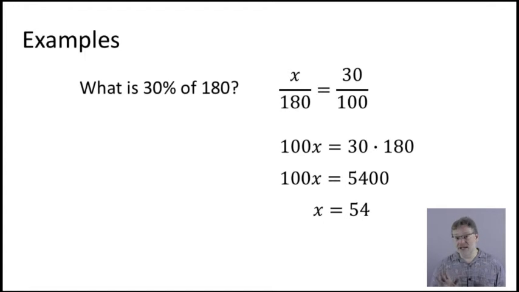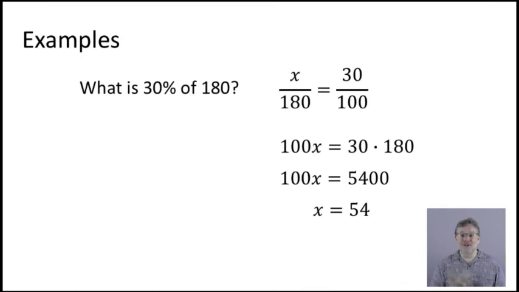On the left-hand side, we have to figure out whether 180 is the amount or the base. We're talking about 30% of 180, so 180 is our base, which means that our unknown is on top. Unknown is x. So we're going to cross multiply in one direction, just like we did when we were working with fractions.